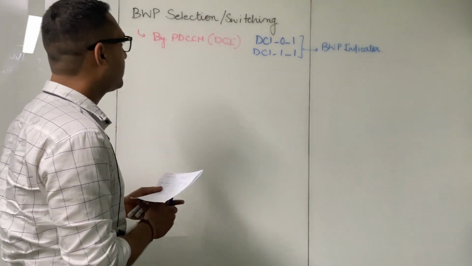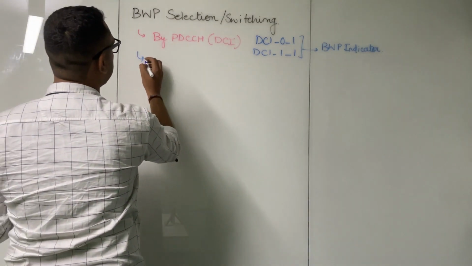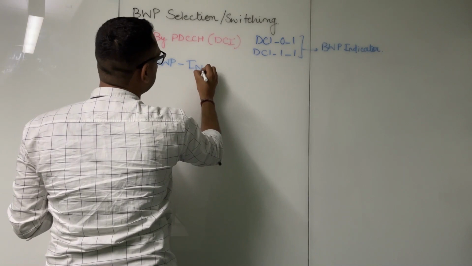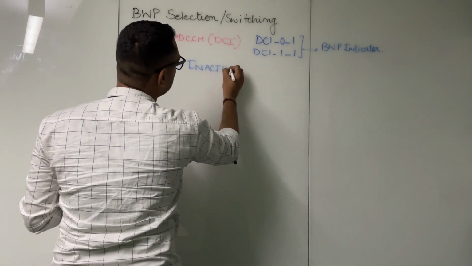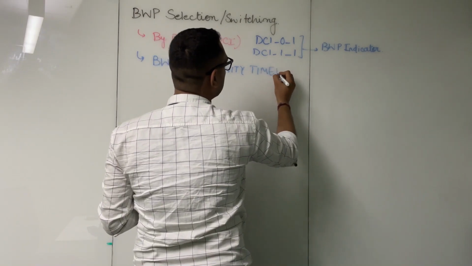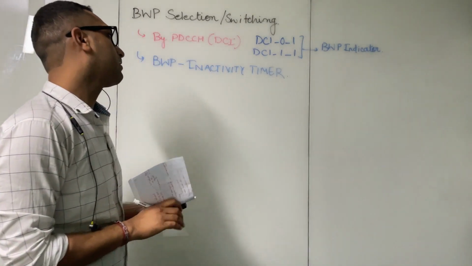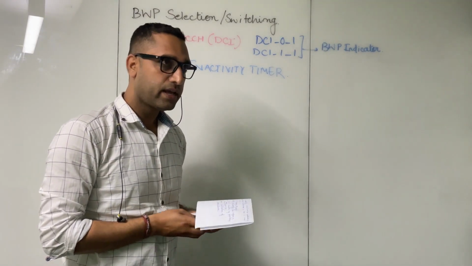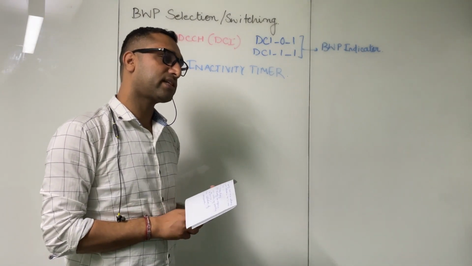Second one is the BWP inactivity timer. You have already studied that. Basically, this timer is configured, and UE keeps running this timer.